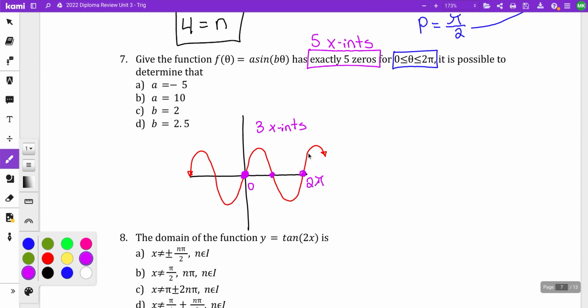I need to take this thing and compress it inwards. Do we agree with that? To go from 3 to 5, we need a horizontal stretch.